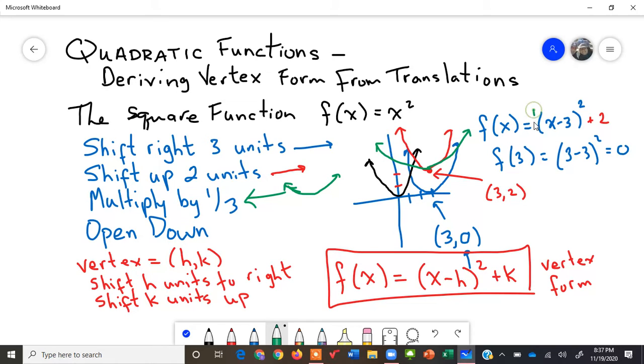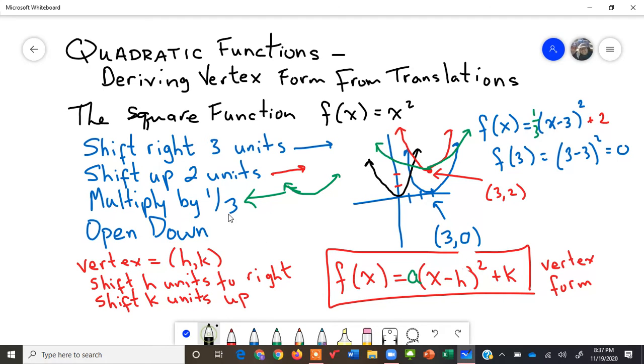So that means I'm going to multiply by 1/3, and this coefficient here then is a. So we have a times the quantity x minus h squared plus k, and that is our final vertex form of a quadratic function.